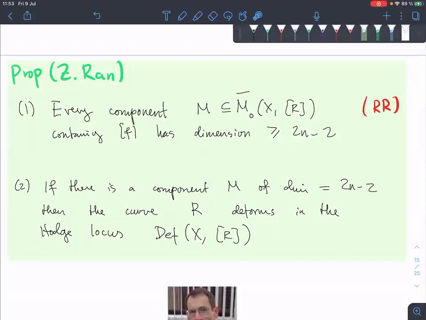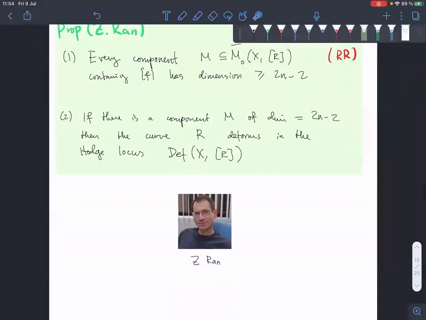A priori, these deformations parameterize deformations where this class stays Hodge, but the statement is that if there's one component whose dimension is as small as possible, then the curve itself deforms along with this class. Yeah, so this is Ran.